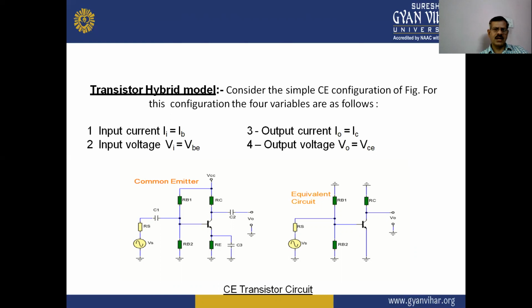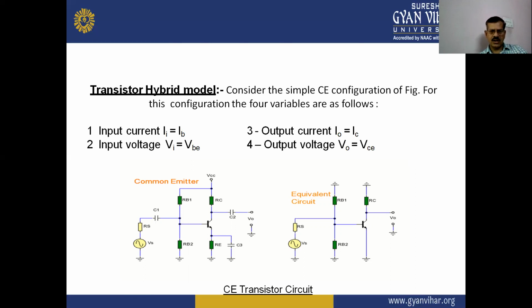First variable, input current I1 equal to IB, base current, and second, input voltage V1 equal to VBE, or voltage base to emitter, and third one is output current I naught equal to IC, where IC is the collector current, and fourth one is output voltage V naught equal to VCE, where VCE is the voltage collector to emitter.